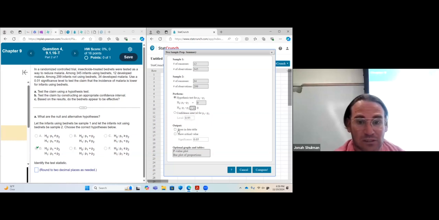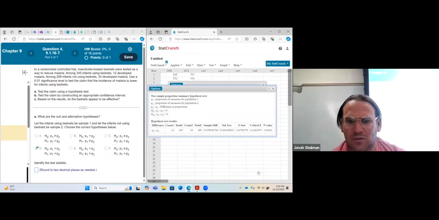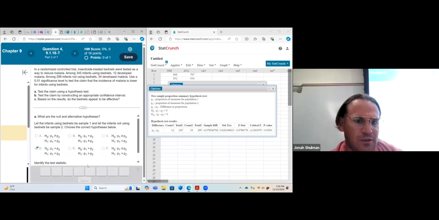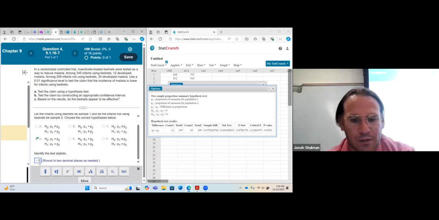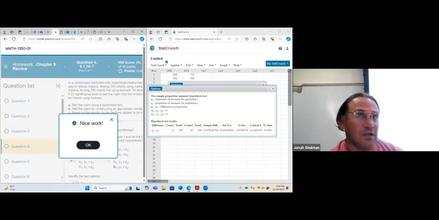Now, all I have to do is click this because they want the test statistic, but I always want the critical value anyway. I'm going 0.01. We good? Click compute. My test statistic is what? The Z statistic. Not the critical Z, the Z. We want 2 decimal places, which is negative 3.88. Here we go. Negative 3.88. Let's see if that's correct. I hope so. Nice work.